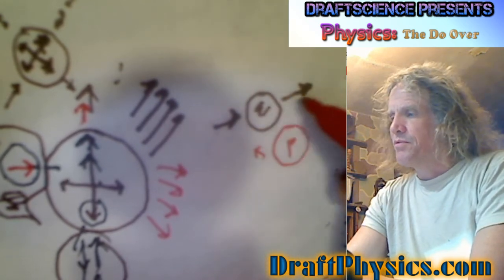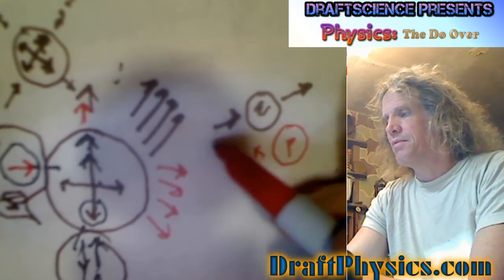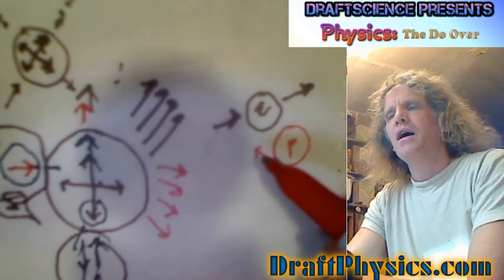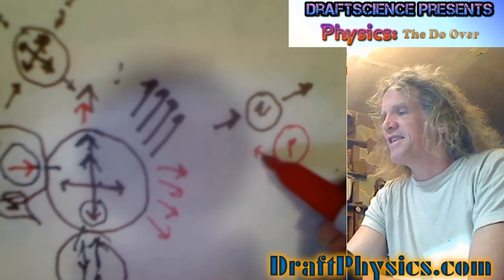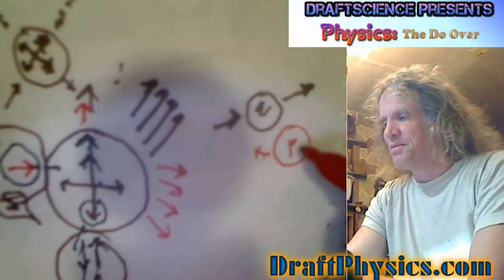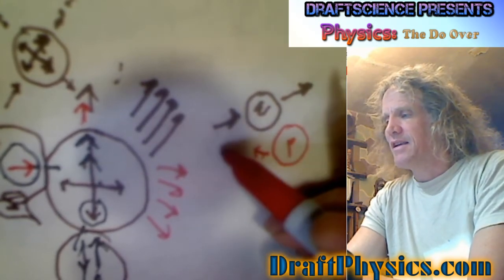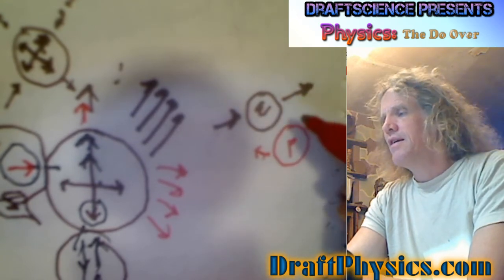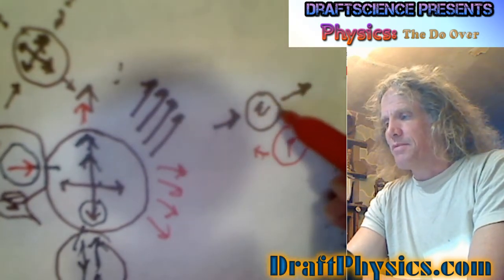So you're pushing one and pulling, superficially. Yes, it looks like a pull, it's actually a push, but anyway, it's attracting the proton, repelling the electron, and vice versa with the opposite force.